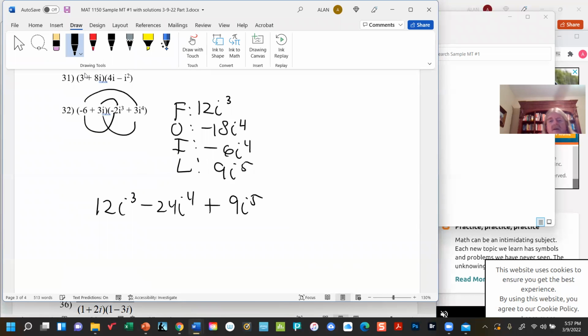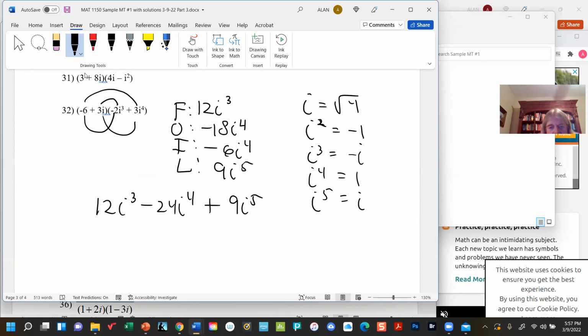All right, so why don't we go through our list again? i, i squared, i cubed is negative i, i to the fourth is 1, and then finally i to the fifth is just i.